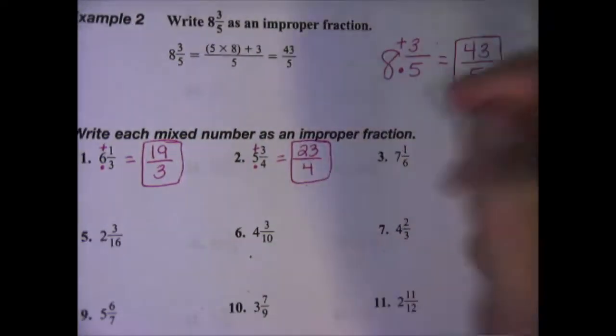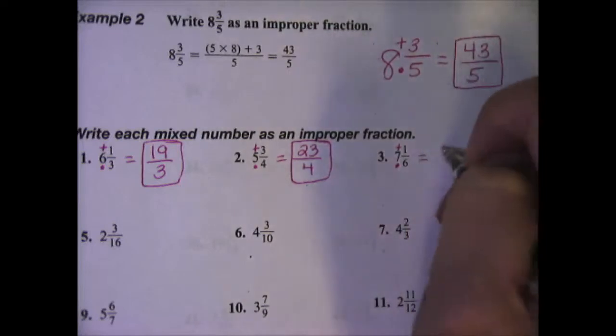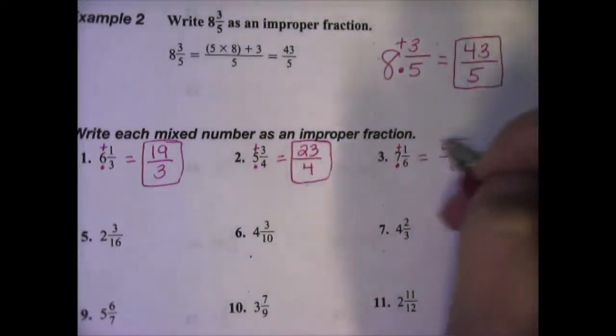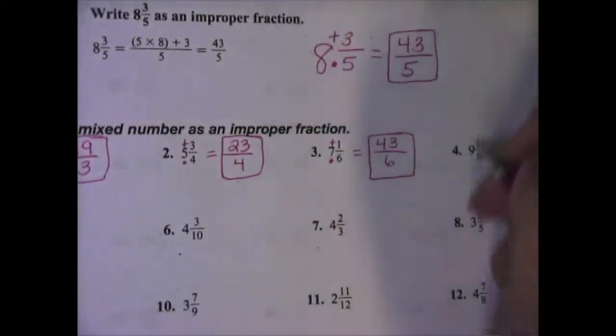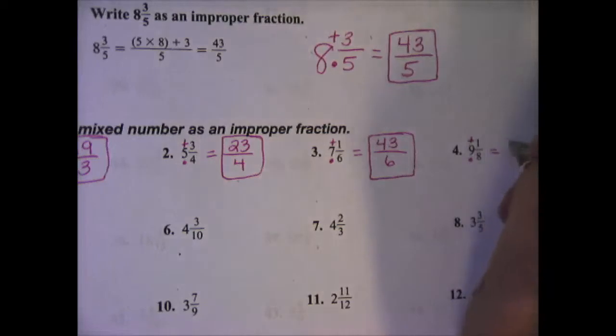Number 3, 7 1/6. 6 times 7 is 42, plus 1 is 43, so we get 43 over 6. Again, it is in simplest form. Number 4, 8 times 9 is 72, plus 1 is 73, so we get 73 over 8.